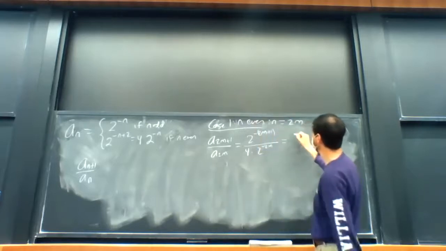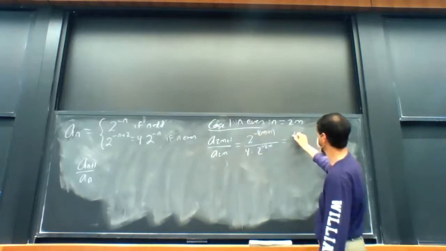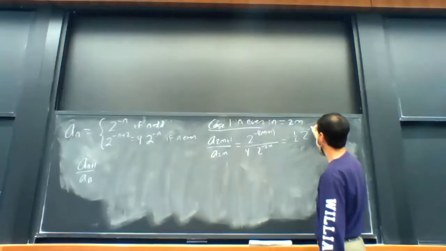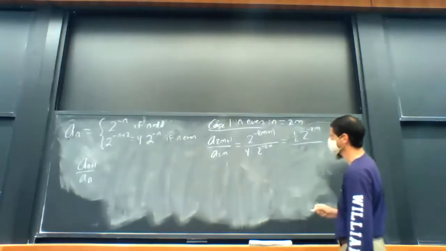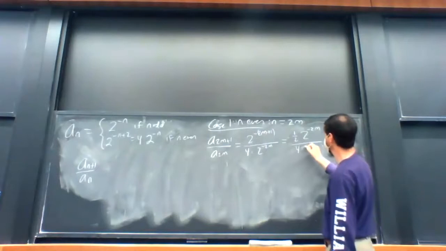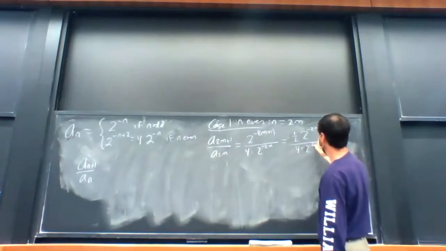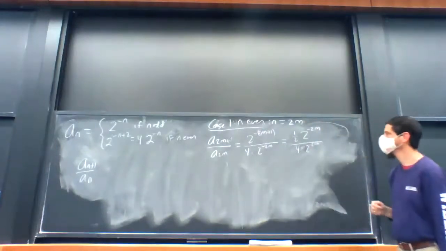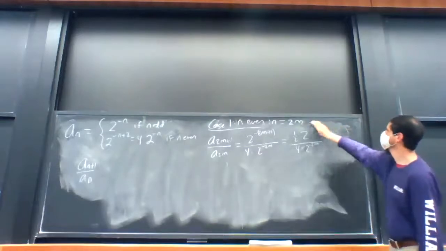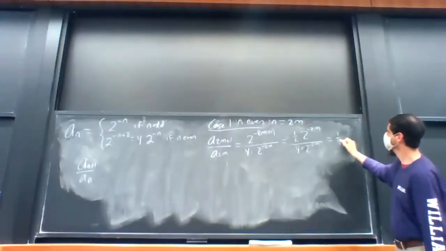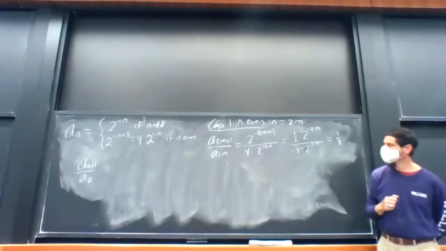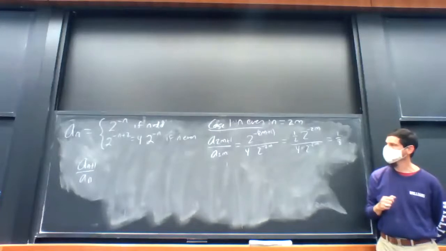This is equal to 2 to the negative 1, so it's 1/2 times 2 to the negative 2m over 4 times 2 to the negative 2m. So we just get 1/8.